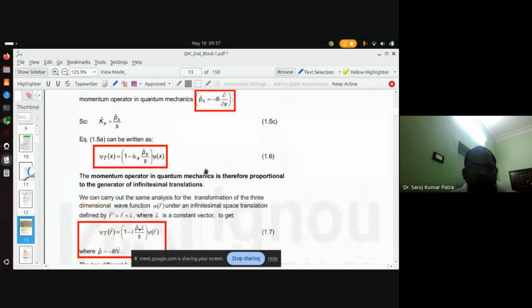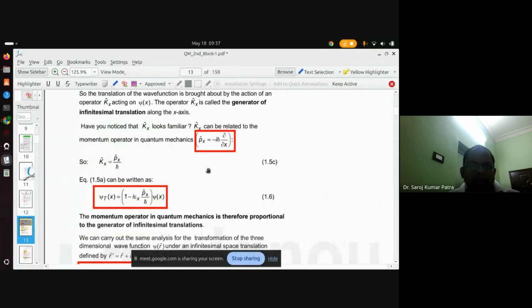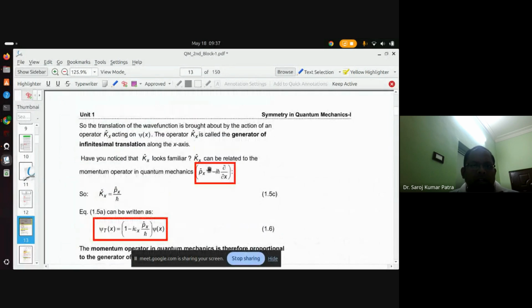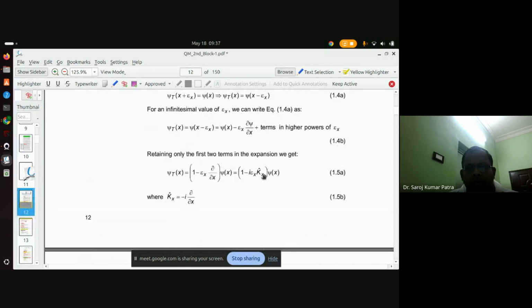So now what happens from the translation operator: we just saw that the operator kx is called the generator of infinitesimal translation along the x-axis, because here we have psi t(x), and this one is psi(x). The extra change which happened to psi(x) is minus i epsilon x kx cap psi(x).